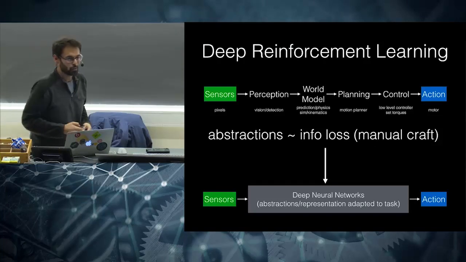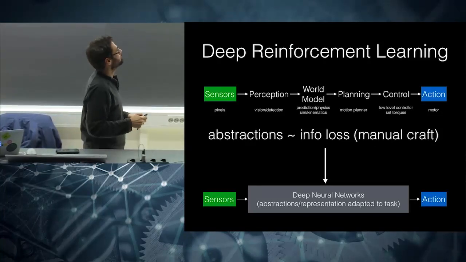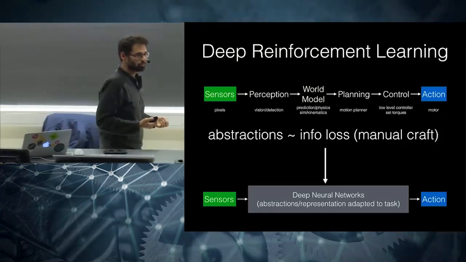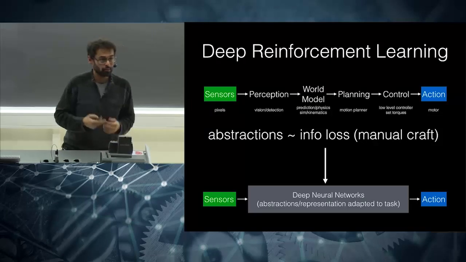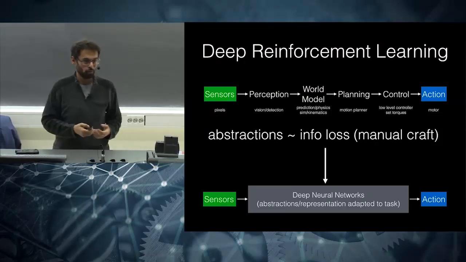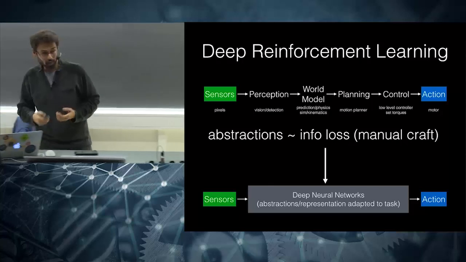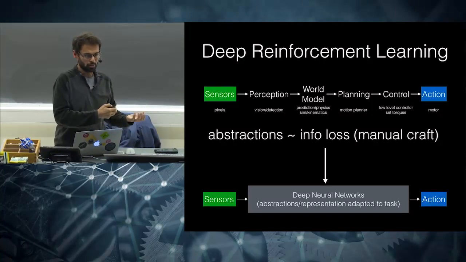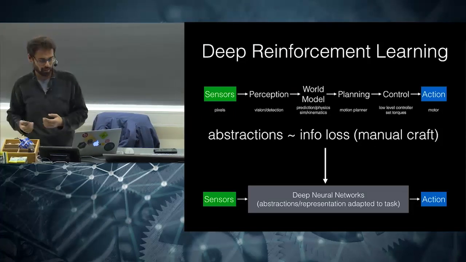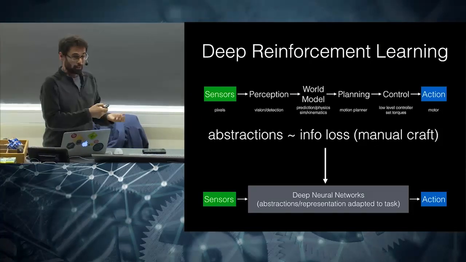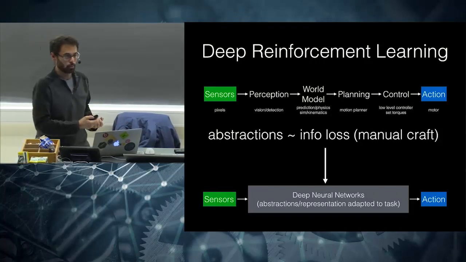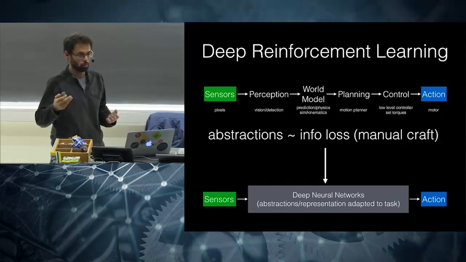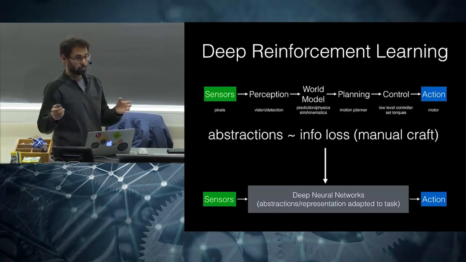Of course, one can use deep neural networks for the entire pipeline, because we know that deep neural networks help get us good abstractions for the task at hand. The task here is decision making. So we could expect that deep neural networks would help us get good abstractions for decision making. And that's what a lot of the effort has been spent on in these past 5 to 6 years, where we see a lot of progress. Also thanks to compute.